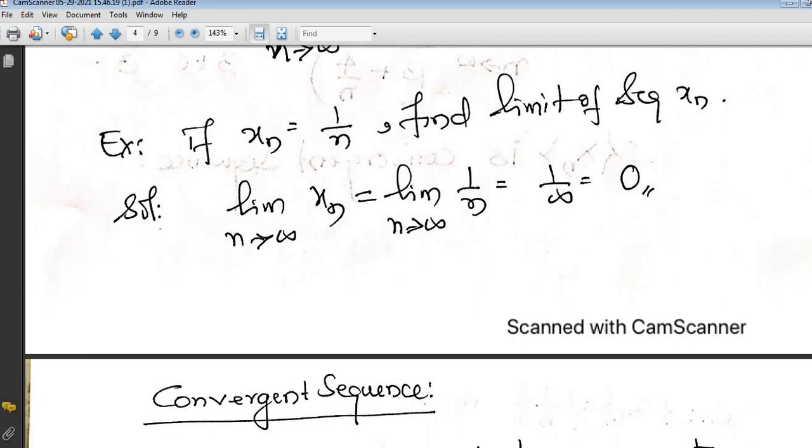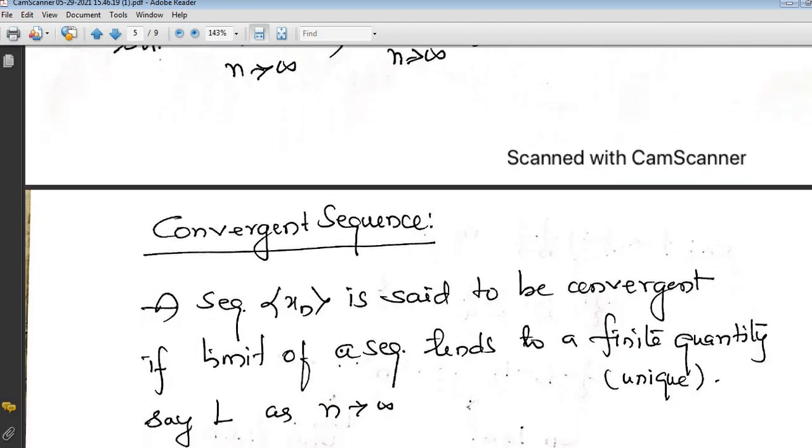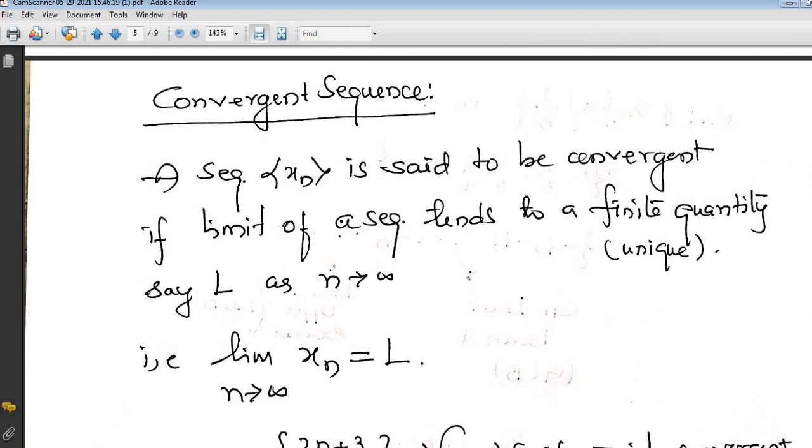Similarly, I will go for one more example of convergence. The next concept is convergent sequence. See, what is a convergent sequence? When we find the limit of a sequence, if it becomes unique or unchanged, finite, that is, if we get a limit, then we call that sequence a finite sequence or convergent sequence. See here the definition: a sequence xn is said to be convergent if the limit of the sequence tends to a finite or unique quantity, say capital L, as n tends to infinity.